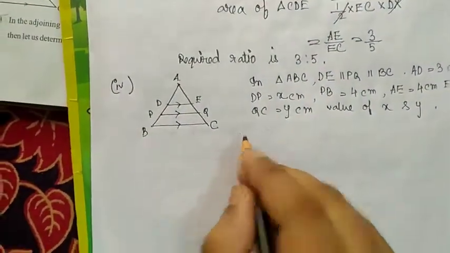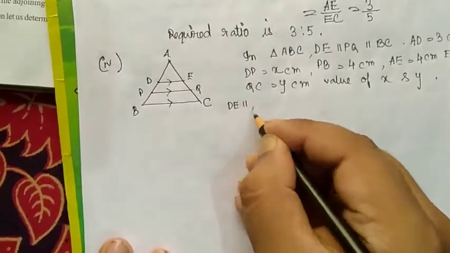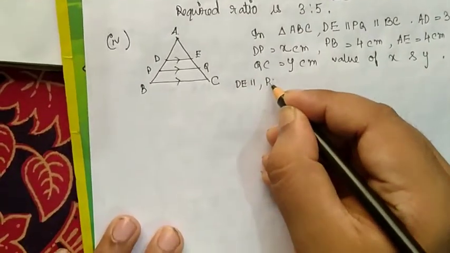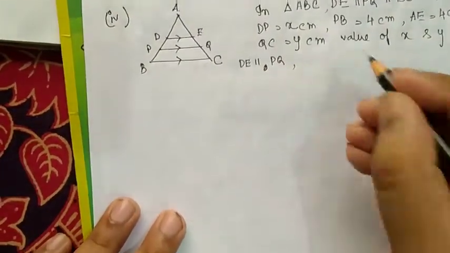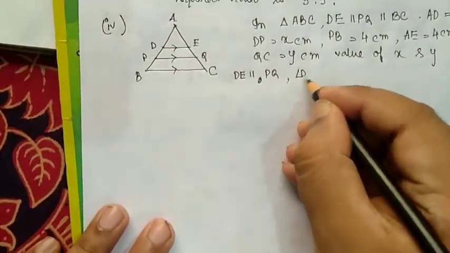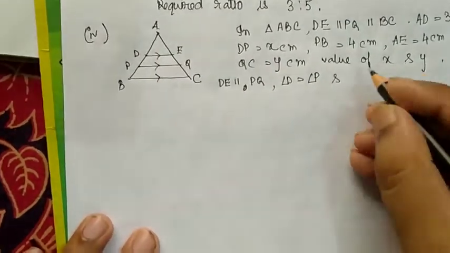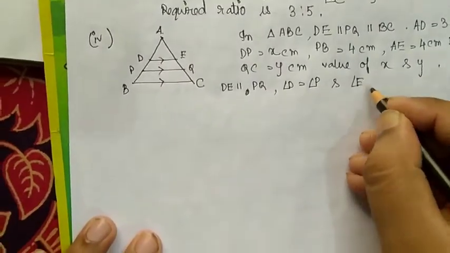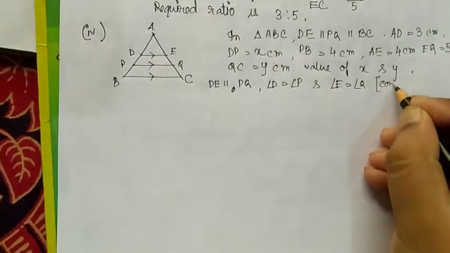DE parallel to PQ, therefore we can say that angle D equal to angle P and angle E equal to angle Q, as they are corresponding angles.